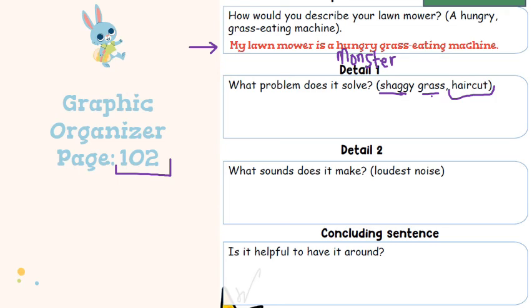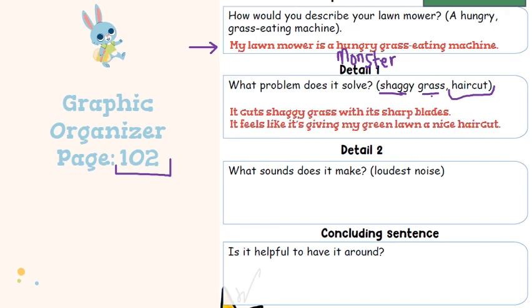Shaggy means tangled and big, tall grass. You can say it cuts shaggy grass with its sharp blades. I'm using the word sharp, a describing word for blades. It feels like it is giving my green lawn a nice haircut. I also used haircut and I added a describing word, which is nice.